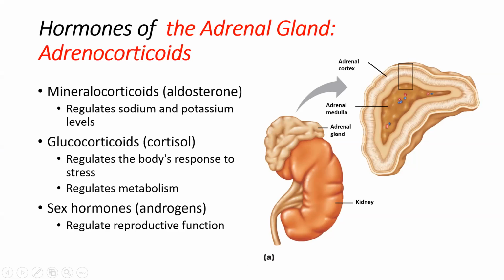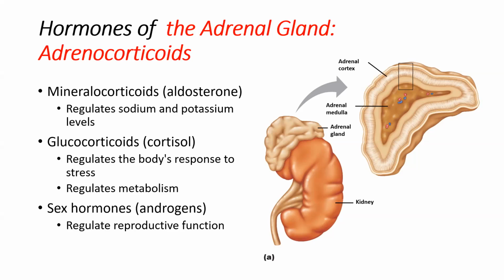So these are the 3 hormones that are secreted by the cortex of the adrenal gland, and these are stimulated or released on the influence of the anterior pituitary, which secretes ACTH.